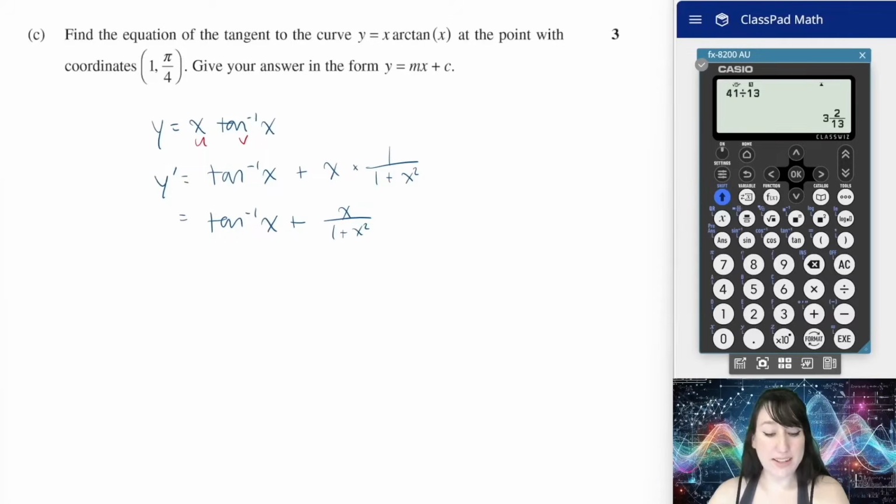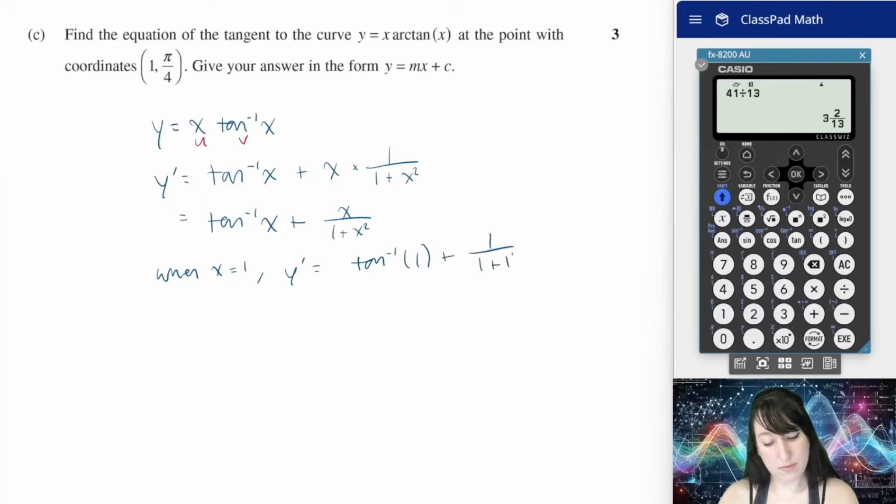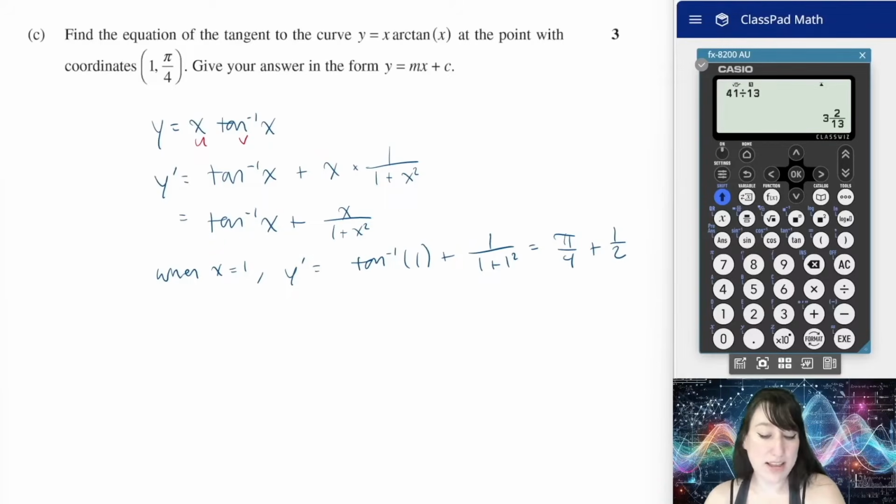The important thing here is that we want to know what its value is when x is 1. Now, tan inverse of 1 is pi over 4, and then the fraction becomes 1/2. That's the gradient of the tangent at the point (1, pi over 4).